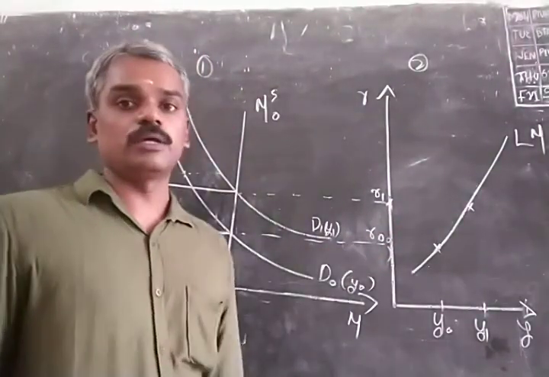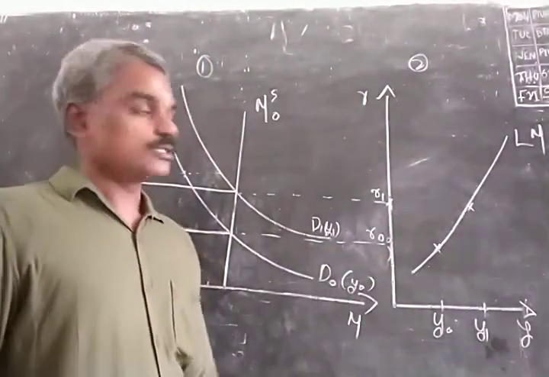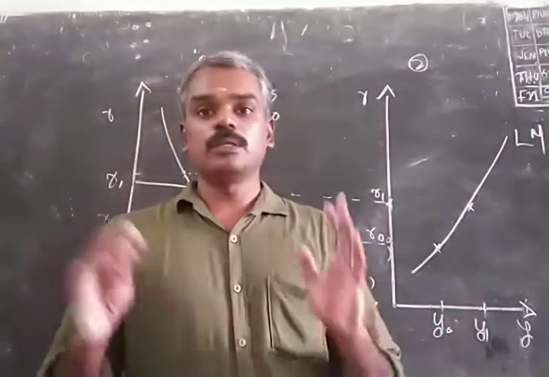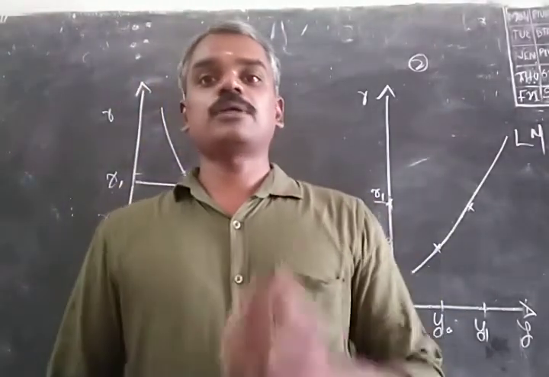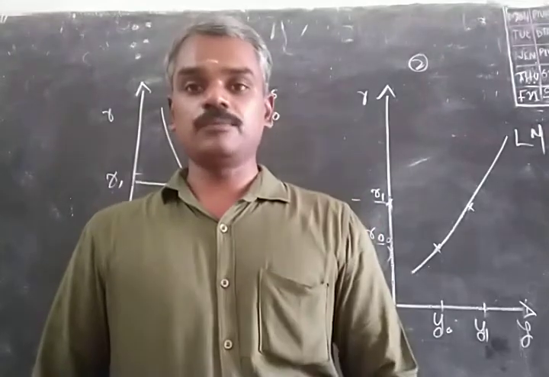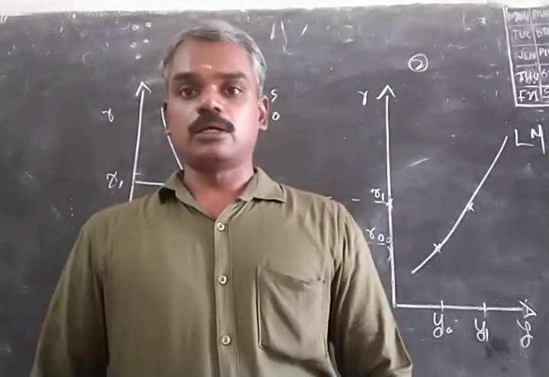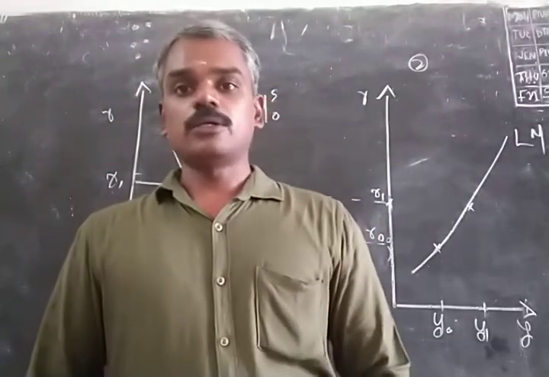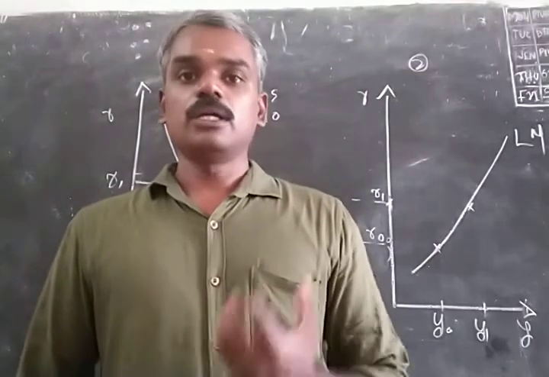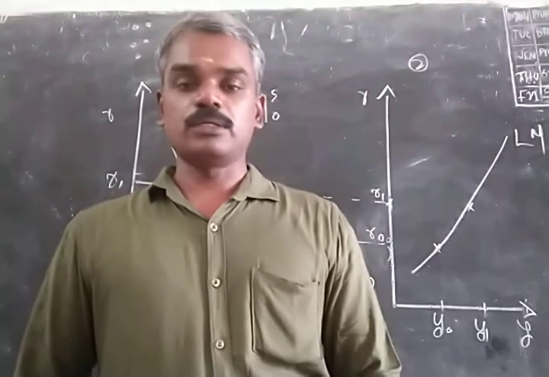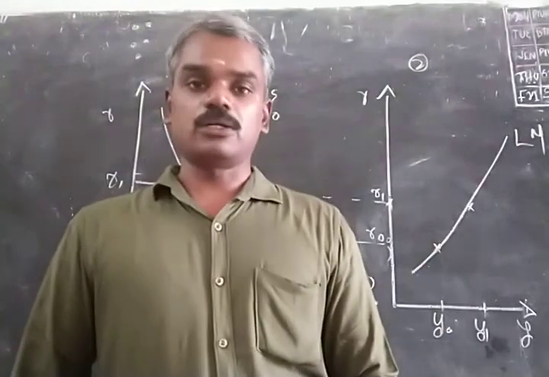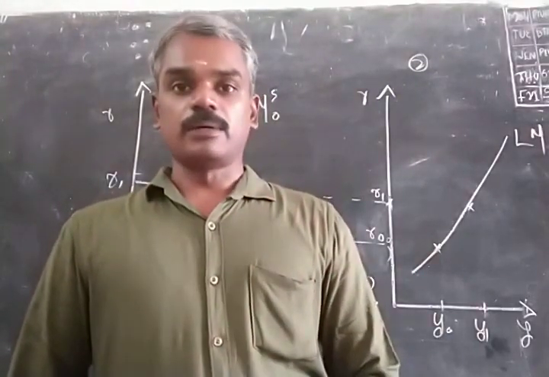So this is how we derive the LM curve. This LM curve shows equilibrium in the money market. It shows different combinations of interest rate and income at which demand for money is equal to supply of money. So this LM curve talks about financial market equilibrium or money market equilibrium.